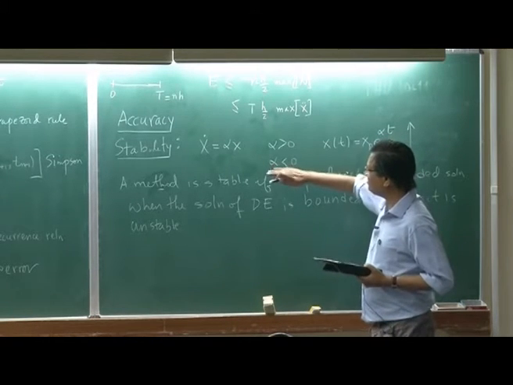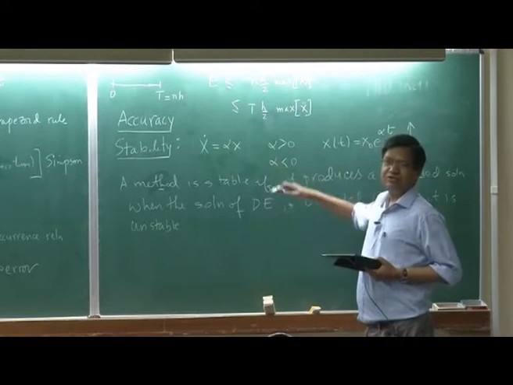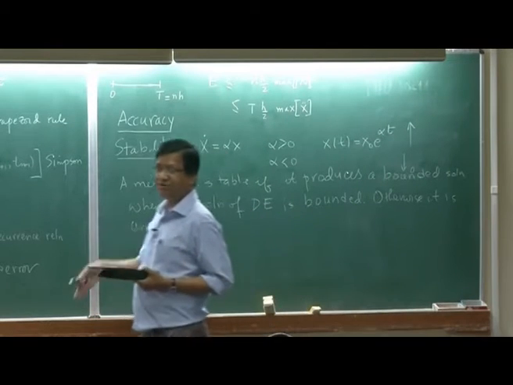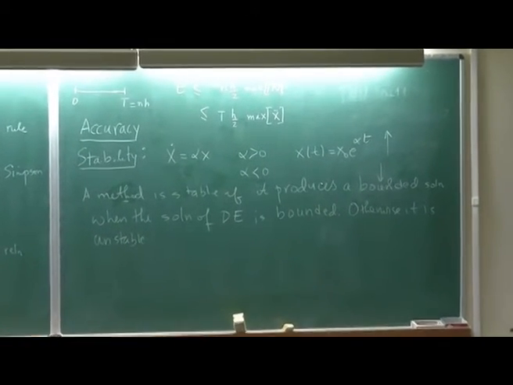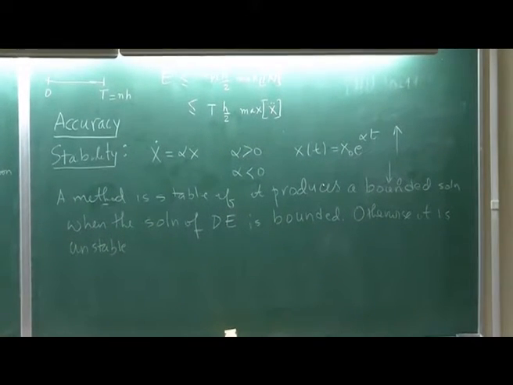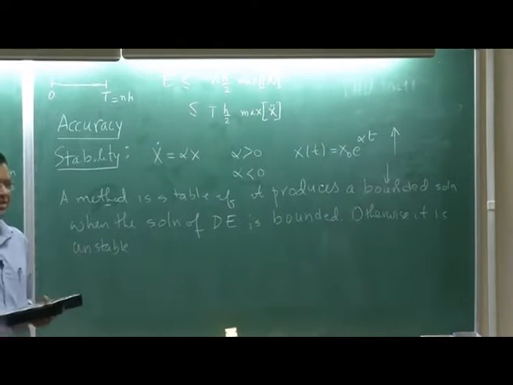Is that clear? You have to test for this solution. If the physical solution is bounded, in fact it goes to 0, but if the numerical solution starts oscillating, then the solution will be called unstable. And of course, if my numerical scheme also goes to 0, then it's stable.